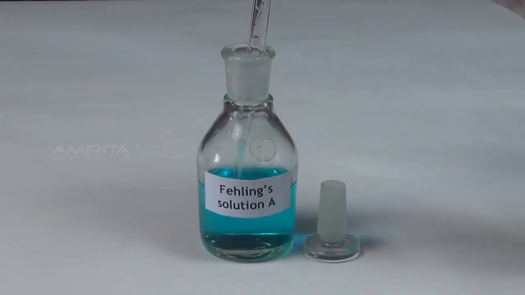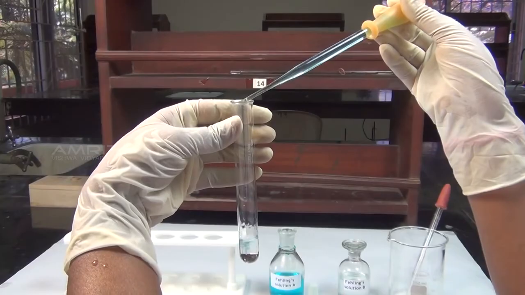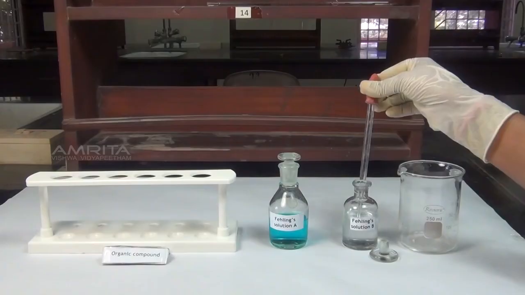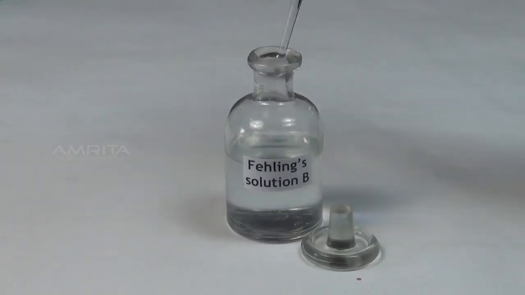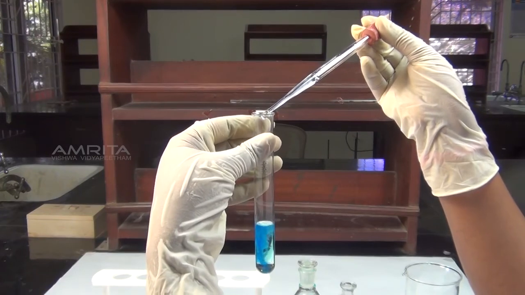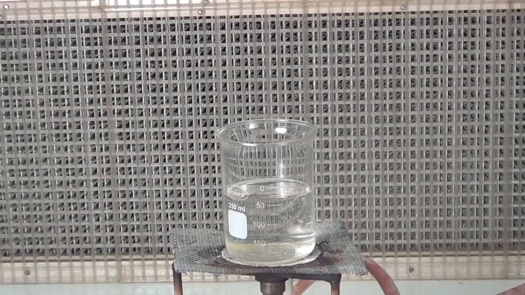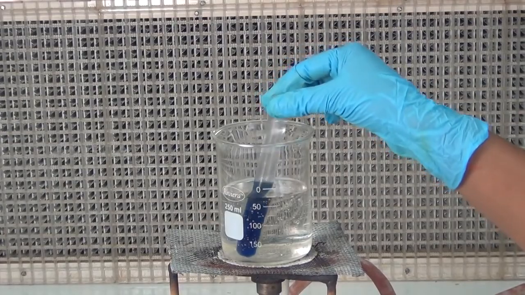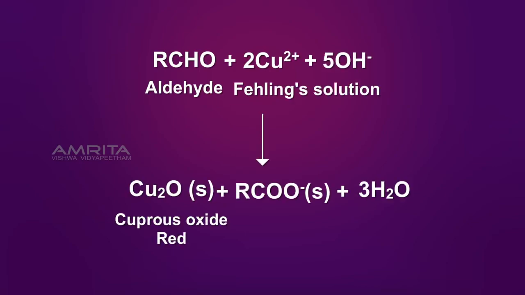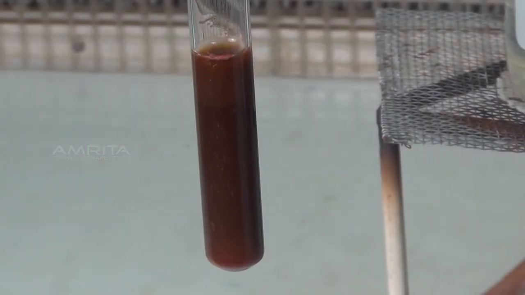To this, add a small amount of Fehling's solution A using a dropper. Using another dropper, add a small quantity of Fehling's solution B into the test tube. Heat the test tube in a boiling water bath. Aldehyde reduces copper(II) ions present in the test reagent to a red precipitate of copper(I) oxide.